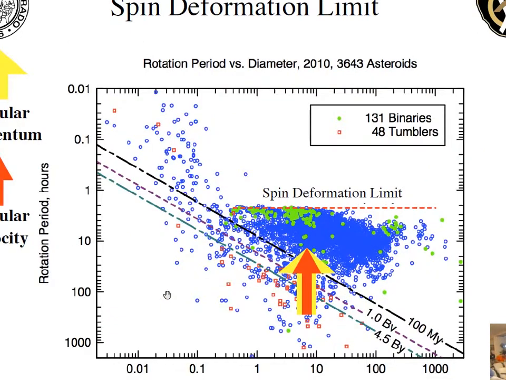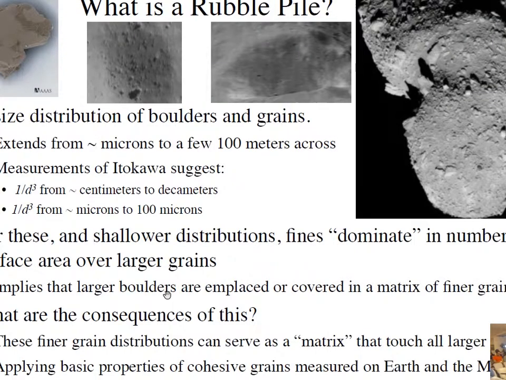However, once the deformation starts, if you add in additional angular momentum due to the YORP effect, the total spin rate of the system can actually go down, just because it's getting a larger and larger moment of inertia. I wanted to make that point because it's often missed in the discussion: this is not a limit at which things disrupt. It's actually a limit at which things start to deform, and in fact, the bodies underneath this line may actually have a larger angular momentum, but they've just started their deformation process.